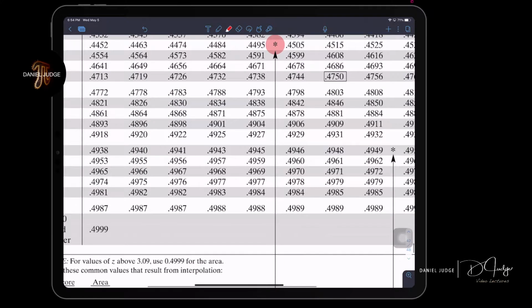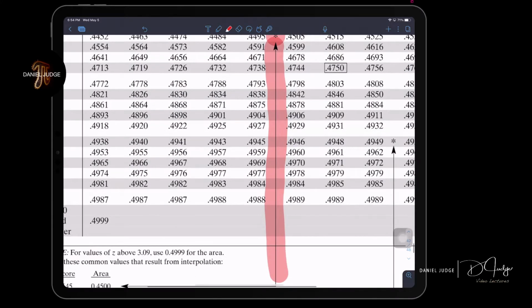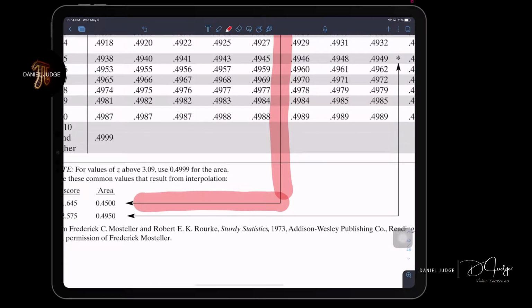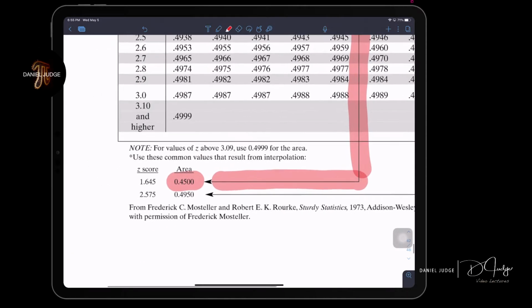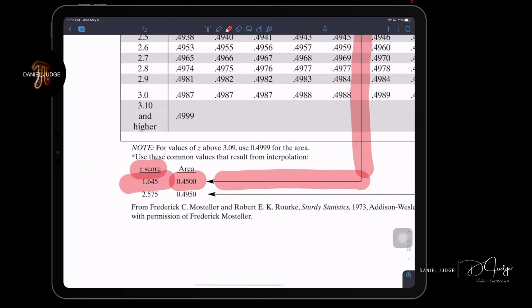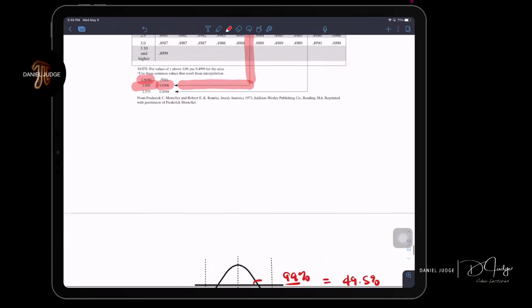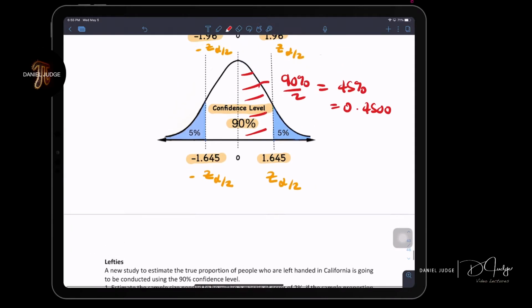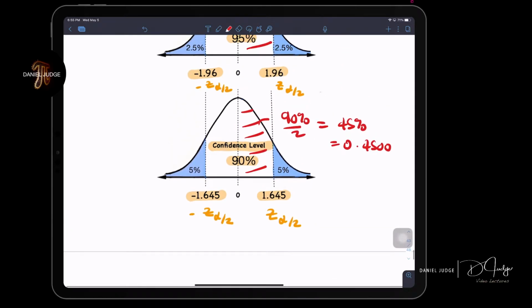They know you're looking for 45%, it's in the middle there. And they even tell you, hey, if the area is 45%, that z-score is 1.645. So this is just working backwards with your tables, and that's why this is a 1.645 and minus 1.645.